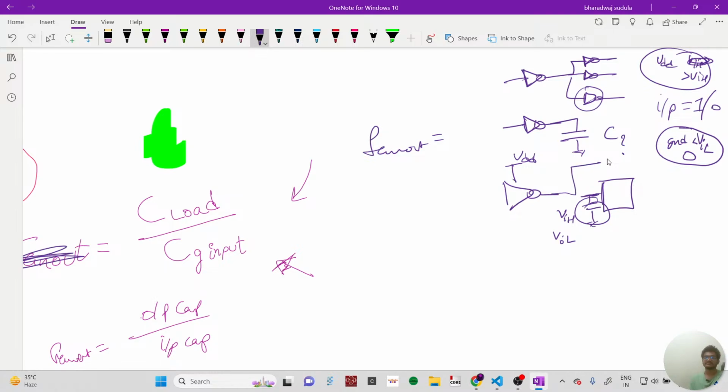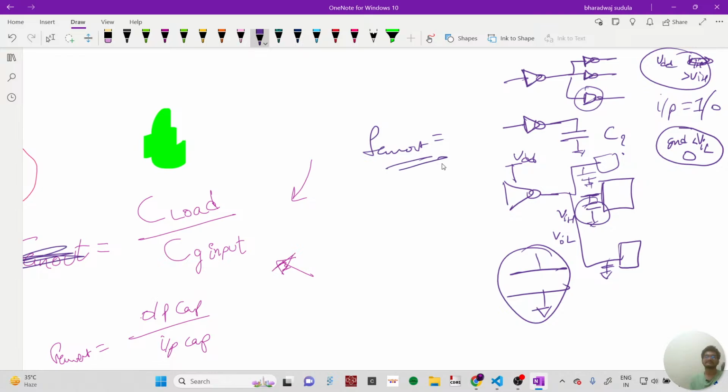There are several gates, so several capacitances. These are in parallel. This will sum up to some big capacitor. So this is the fan out. So how much output gate capacitance it can drive is the fan out.